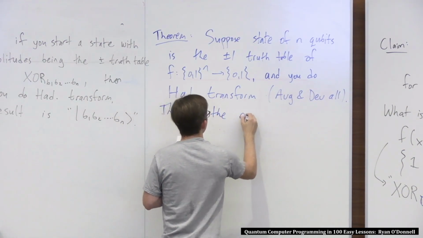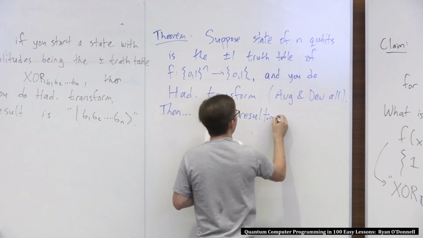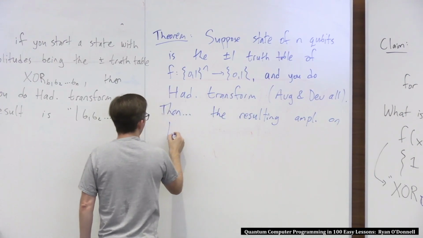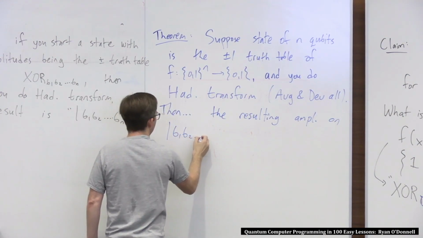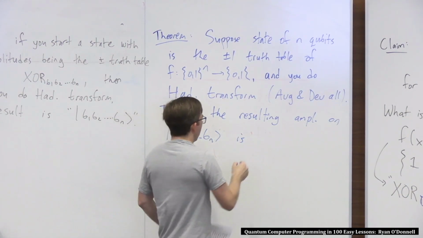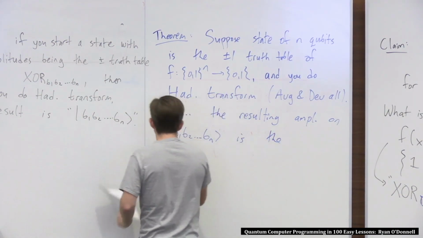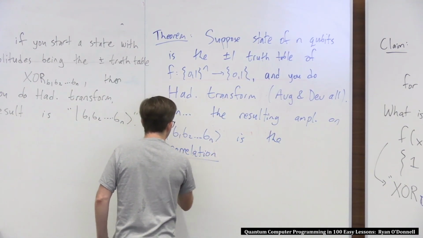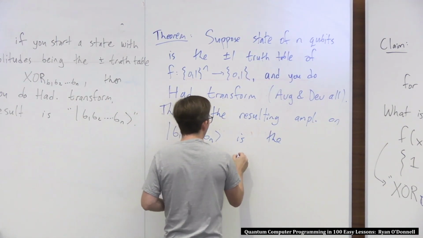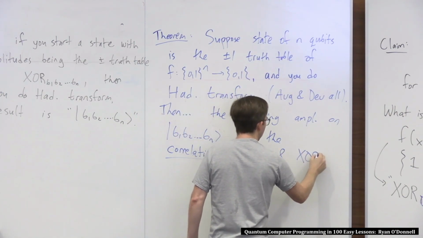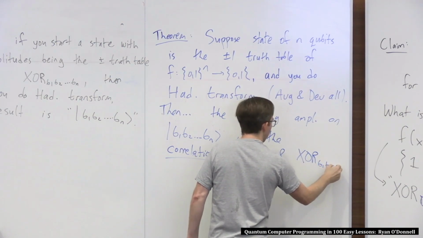The resulting amplitude on any given basic state, b1, b2, dot, dot, dot, bn, is the correlation, which I will define, of f and the function XOR sub b1, b2, dot, dot, dot, bn.